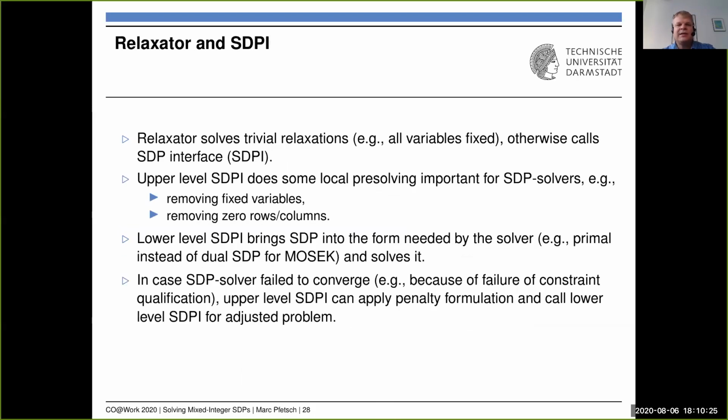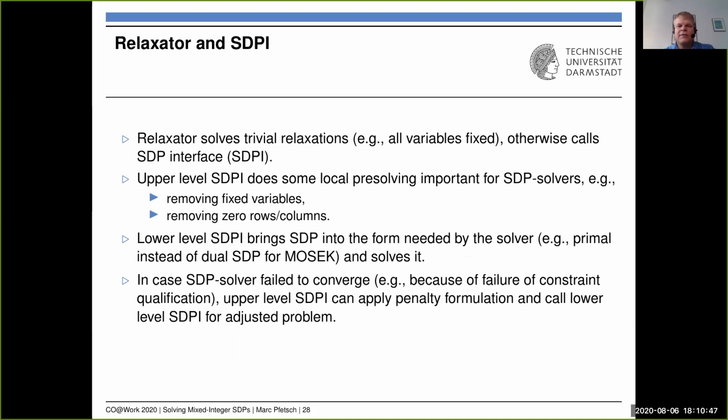Then there's a relaxator, which solves the SDPs. So it has an interface to the SDP solvers, that's SDPI. It takes care of certain special cases. For instance, if there are fixed variables, then they are removed. If there are 0 rows and columns, they are removed.